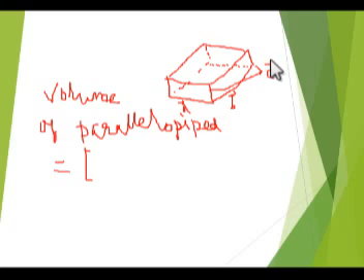Then we just find the scalar triple product, and we can find the volume of the parallelepiped.